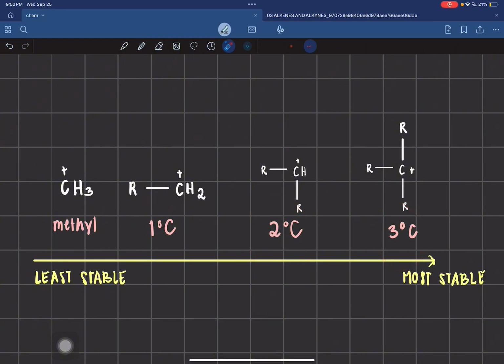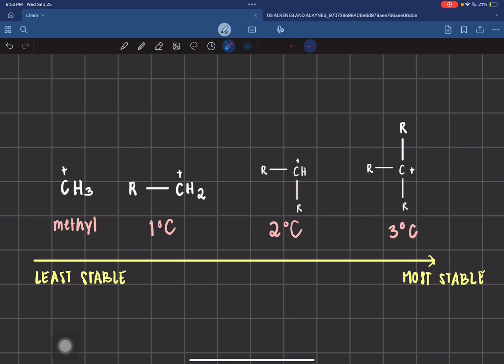And yung classification of carbons is determined by how many alkyl groups or R groups ang nakakonect sa kanila. So, sa primary carbon, isang R lang. Sa secondary, dalawa. Sa tertiary, tatlo. And if you will also notice, as we go further down the classification of carbons, paunti rin ng paunti yung count ng hydrogens.